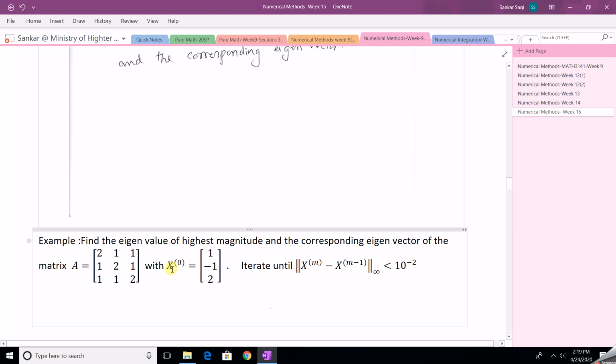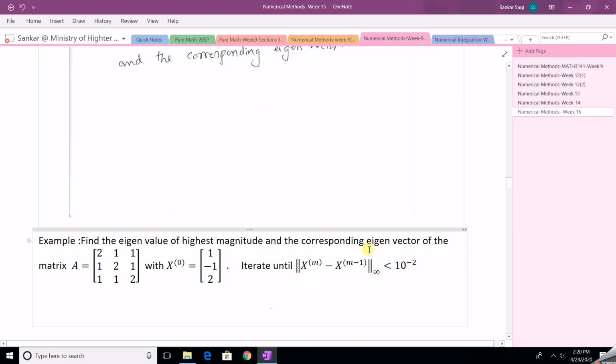So you start with x0, you find x1, and thereafter find the difference x1 minus x0 and its L infinity norm. If that is less than 10 power minus 2, you can stop there. If it is not, then you go for x2, the second approximation of the eigenvector. Again you find x2 minus x1 and its L infinity norm.